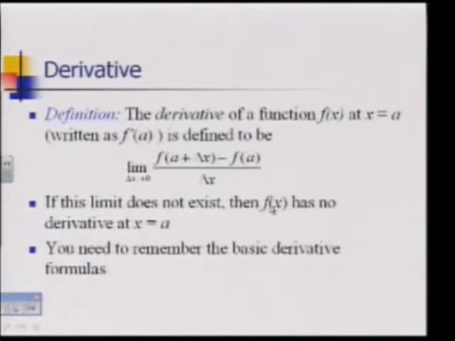But sometimes, because the function is too complicated, you don't really have the analytical form for the derivative. What do you do? You do it numerically. Make your delta x increasingly smaller and see if it converges.